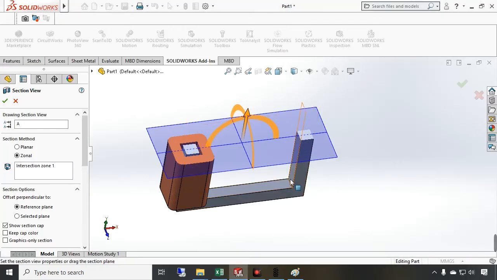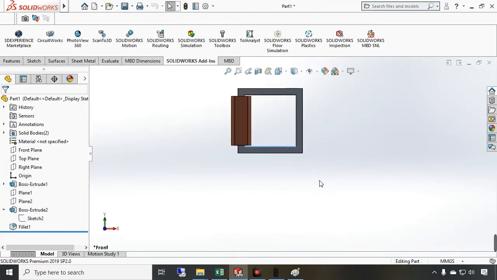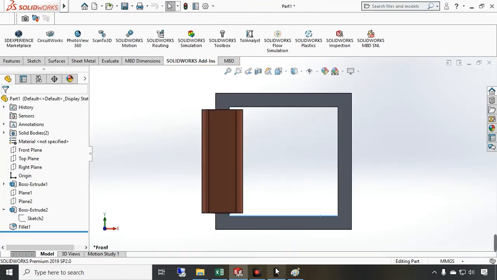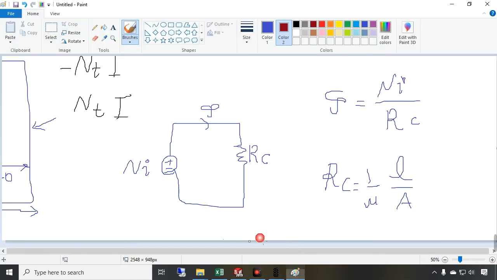And the mean length, what is the value of the mean length of the flux density? I mean this length in the middle of this closed iron core. That is equal to 4 times 9, or 36, right?